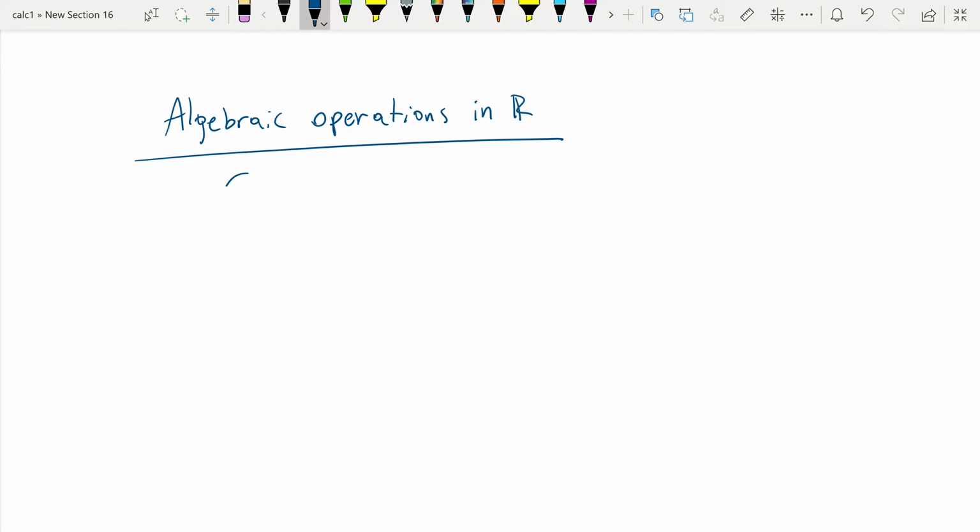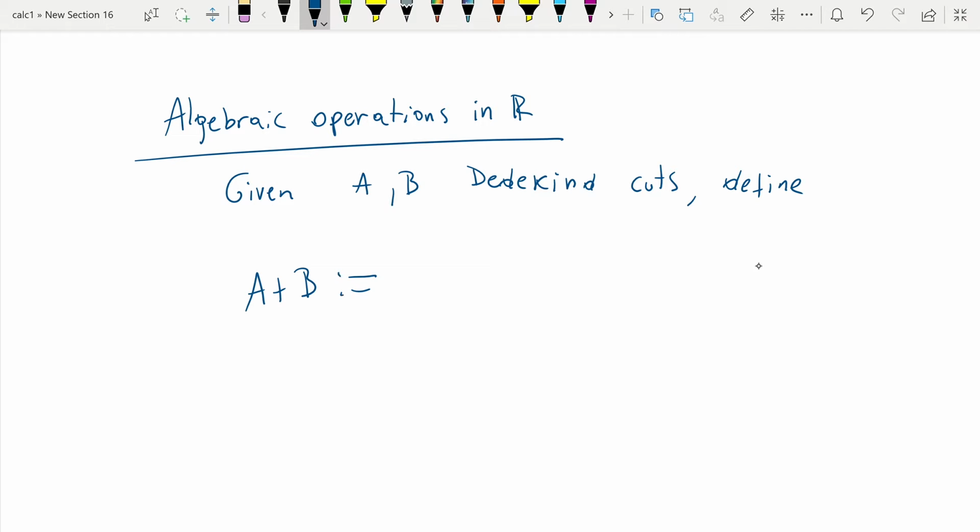So given Dedekind cuts A and B, we define A plus B. Remember, this plus is like a new plus.